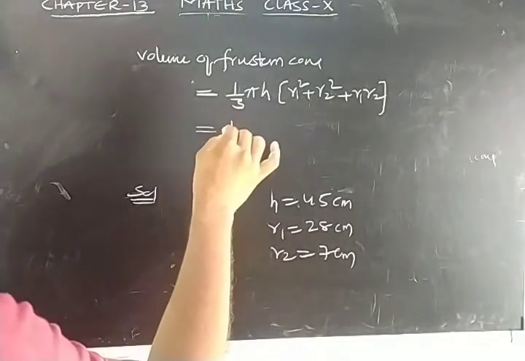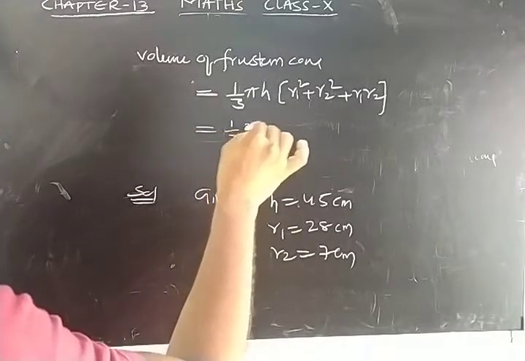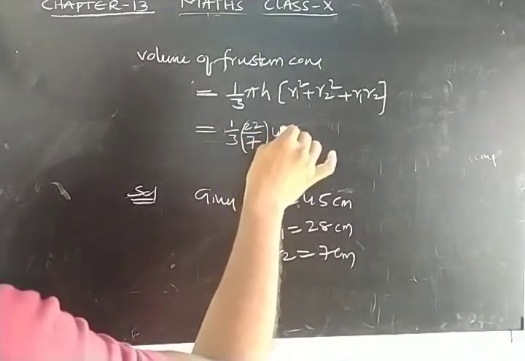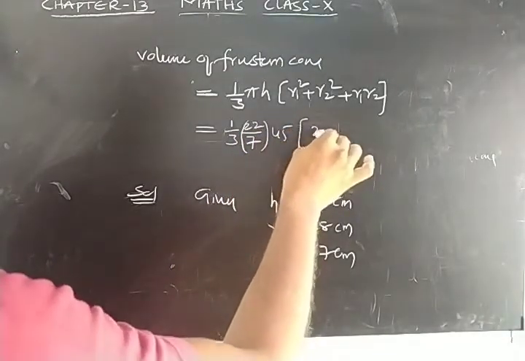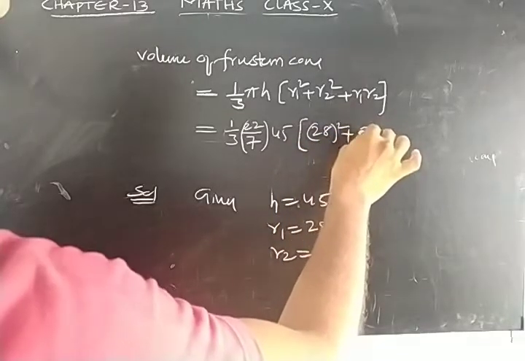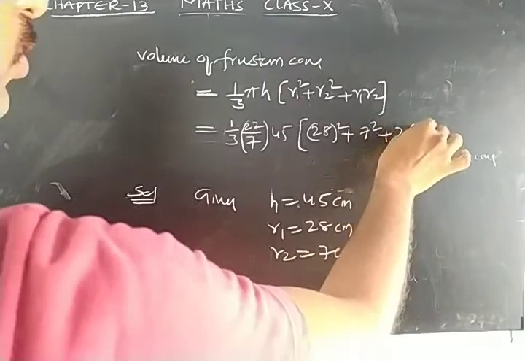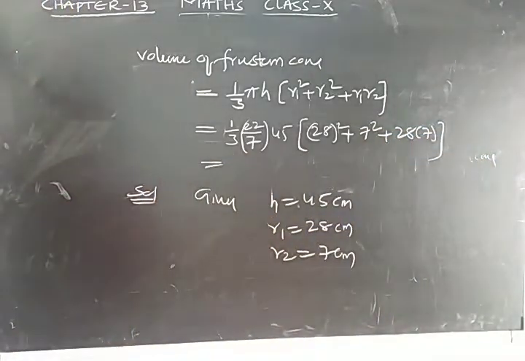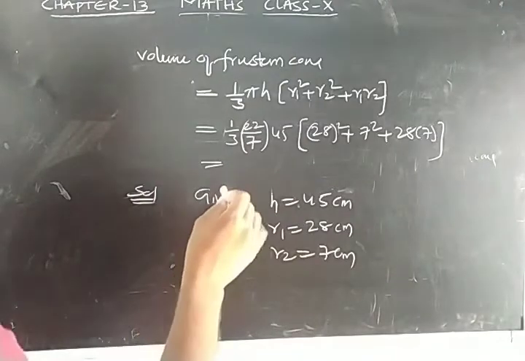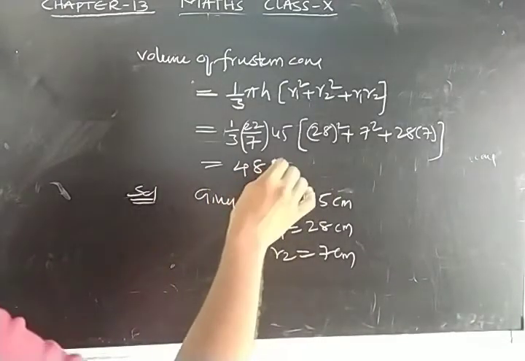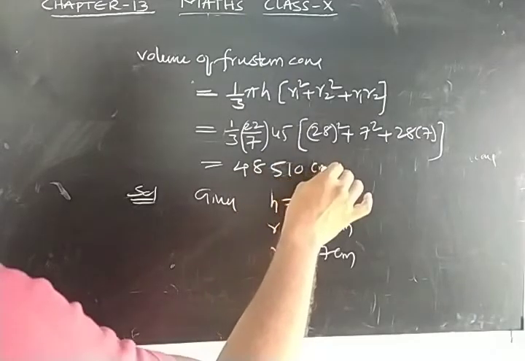Now I am substituting the values: 1 by 3, pi value 22 by 7, h value is 45, R1 28 whole square, R2 7 square, R1 into R2 28 into 7. By simplifying this you will get 48510 centimeter cube.